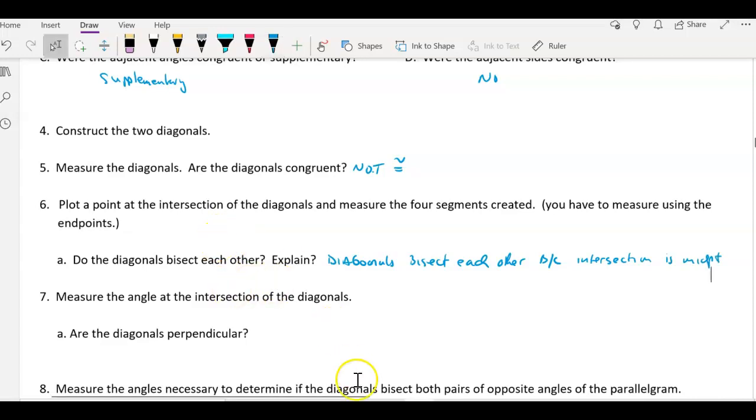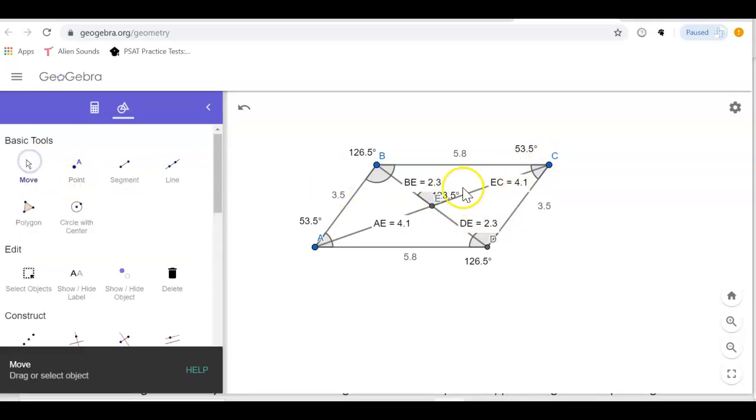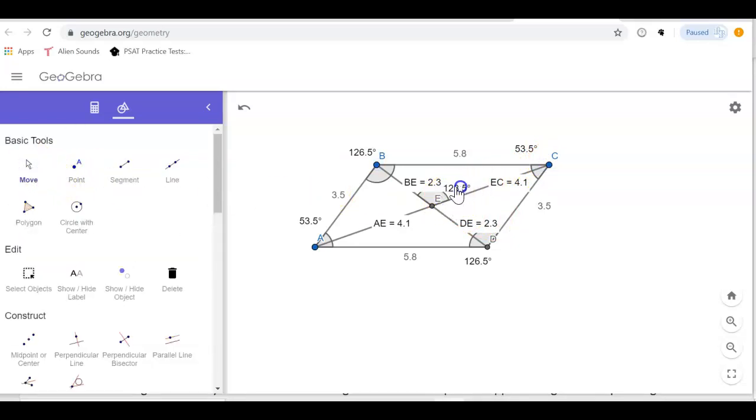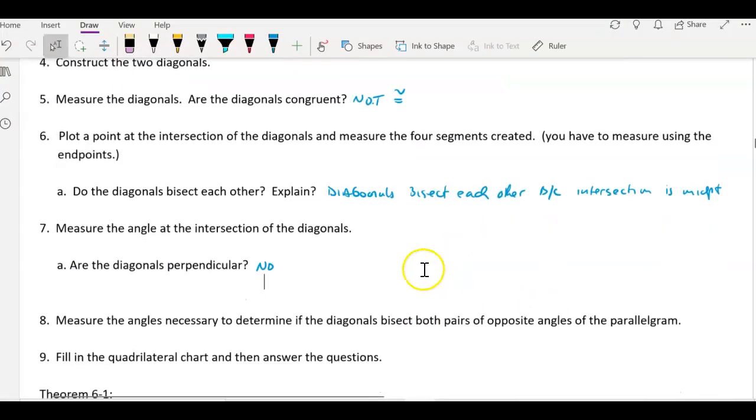So next, they want us to measure the angle at the middle to determine whether these diagonals are perpendicular to each other. So if I measure this angle here, I get 123.5 degrees. Can we say that the diagonals are perpendicular to each other? The answer to that is no.